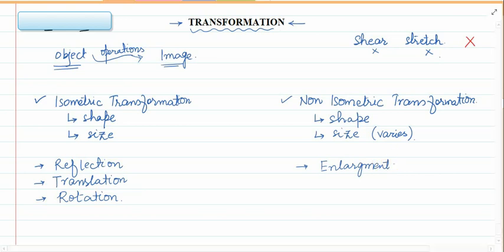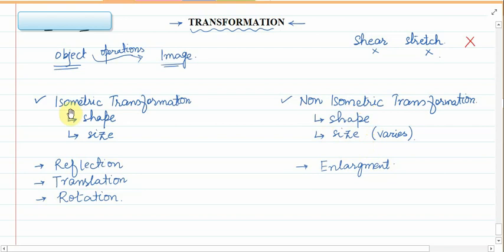In an enlargement, the shape remains the same, but the size may vary. It may be larger or it may be smaller.